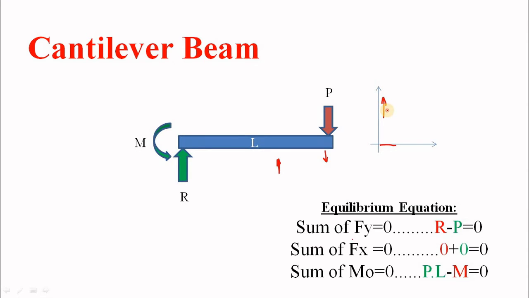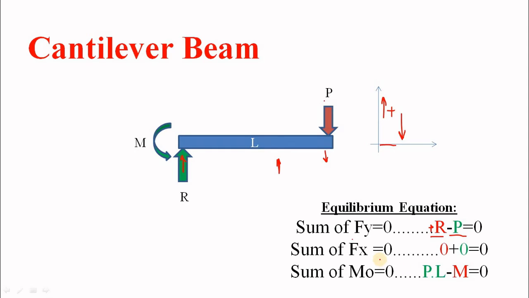We will take positive in this direction and negative for the downward direction. Here we have applied point load P. This is downward and indicated in green color, so it is negative, and our reaction, let's assume first, is upward. So it is indicated in red color with a positive sign.